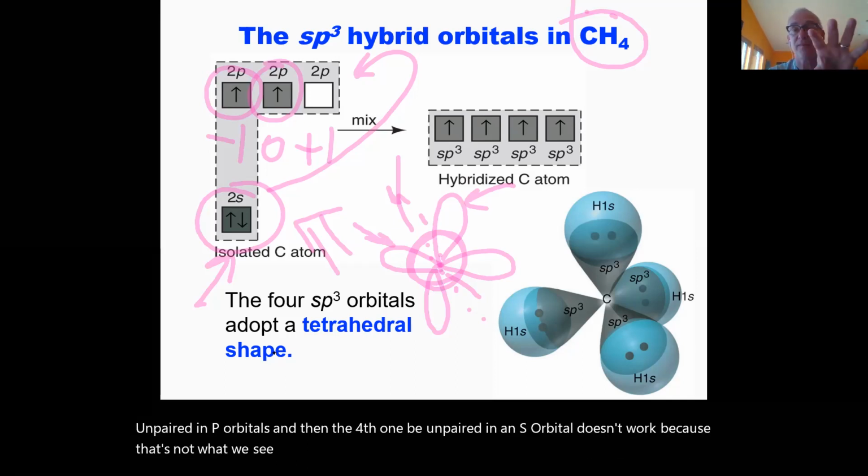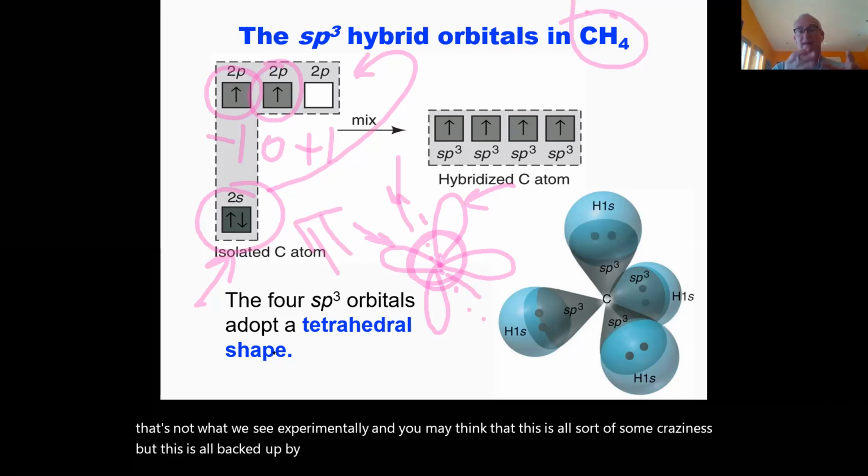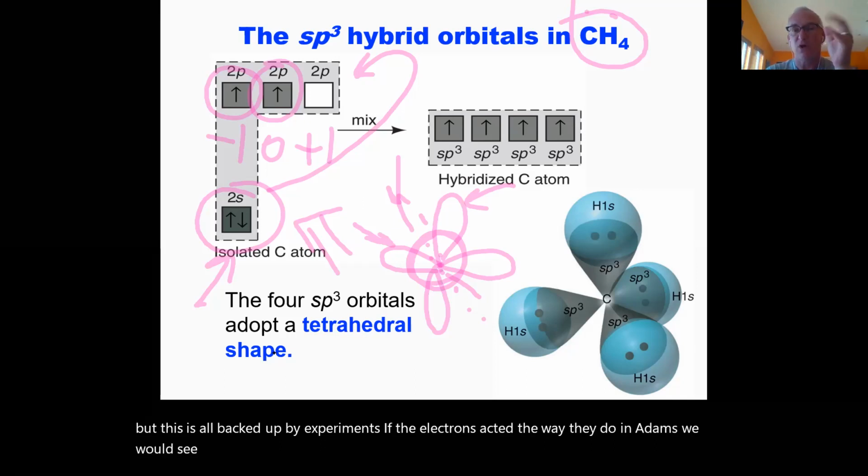And you may think this is all sort of some craziness, but this is all backed up by experiments. If the electrons acted the way they do in atoms, we would see something different. But we don't see that. What we see is four exactly equivalent bonds with equivalent shapes and equivalent strengths.